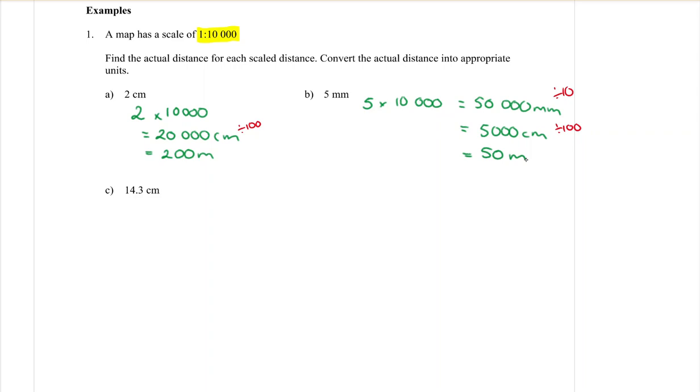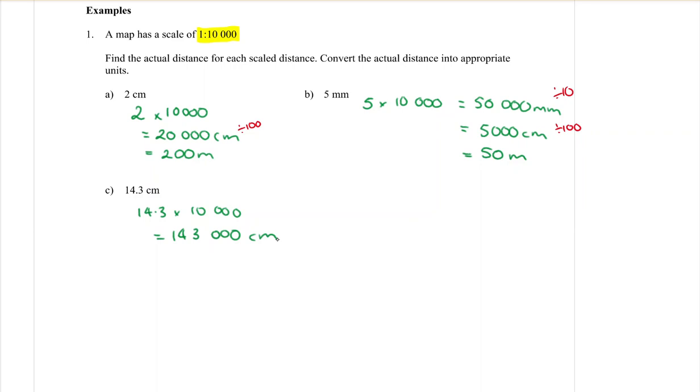Okay. And one more time, if I have a 14.3 centimeter measurement on my map, to convert that into a real measurement, I have to times it by my scale factor, which is 10,000. That makes 143,000 centimeters because my original measurement was in centimeters.